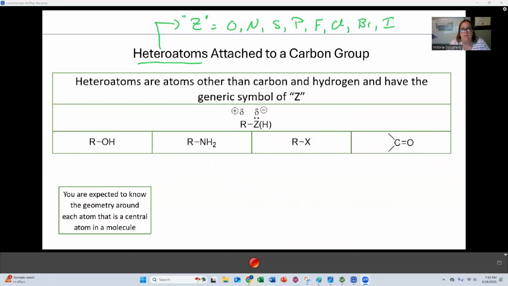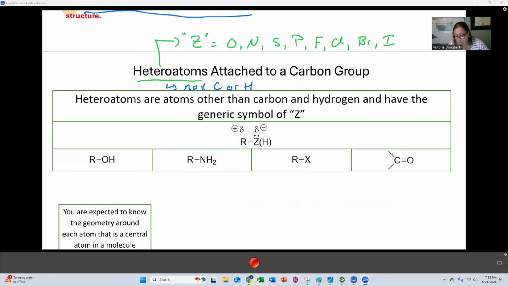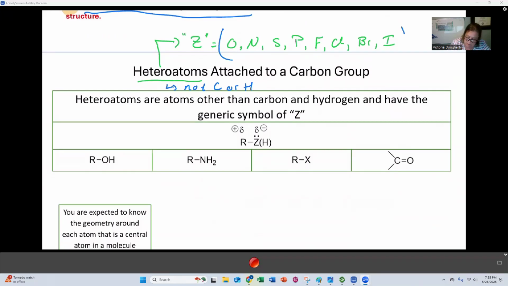It's basically any non-carbon or non-hydrogen atom. So this is not a C or an H. And as we told you in chapter 1, all of these are electronegative. And as I told you again in chapter 1, carbon is electropositive.